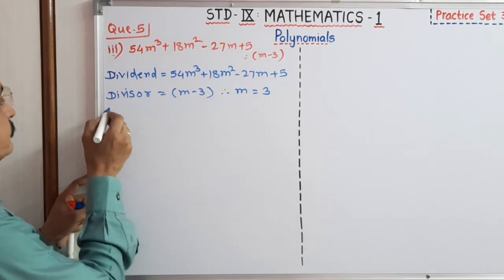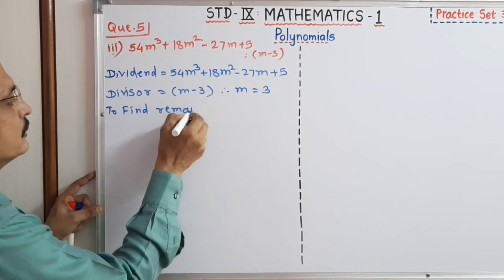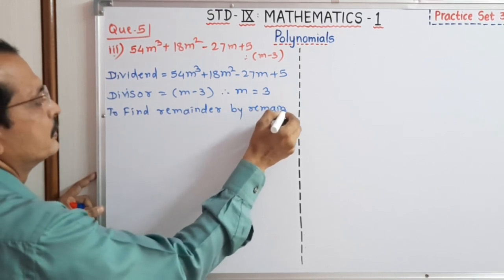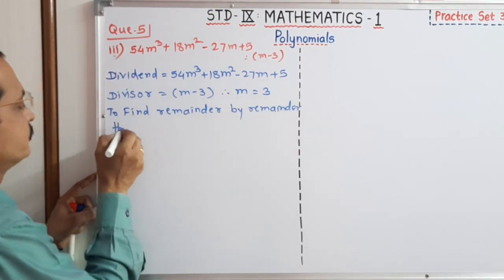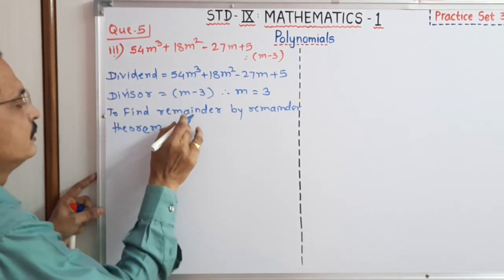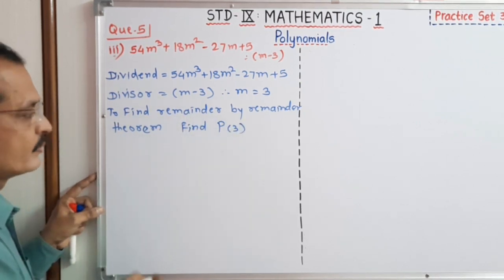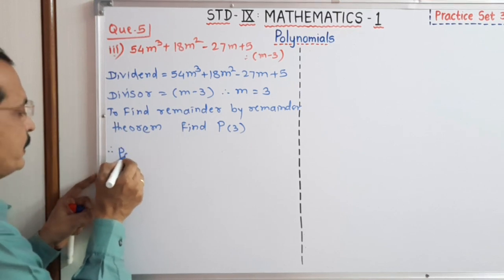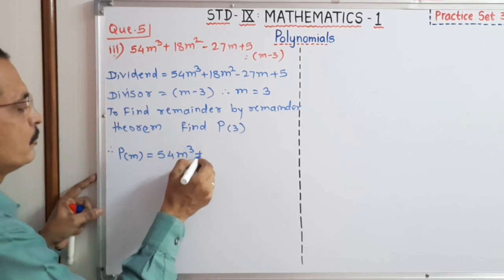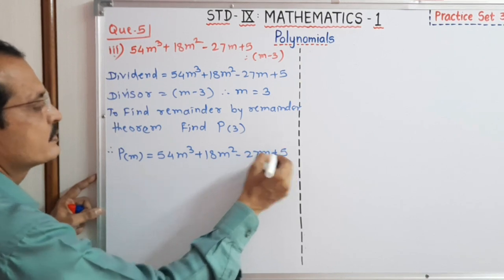Now see here, to find the remainder by remainder theorem, find P3. Therefore first of all Pm is equal to 54m cube plus 18m square minus 27m plus 5.